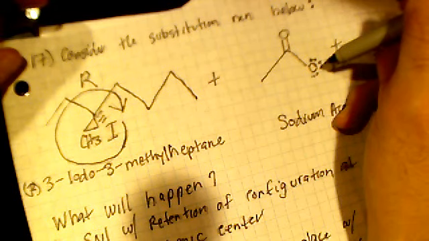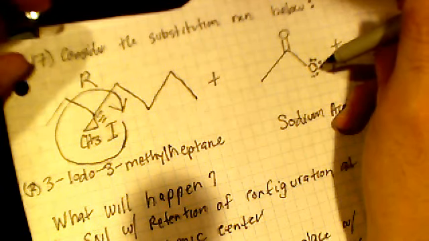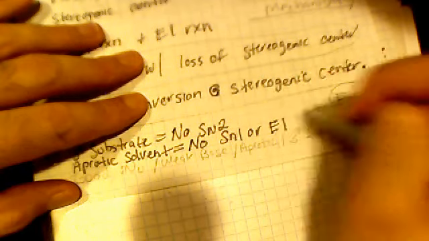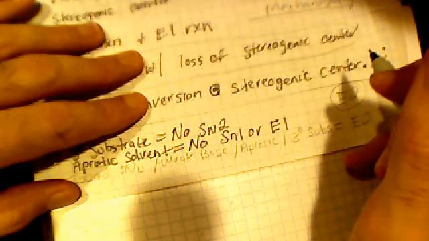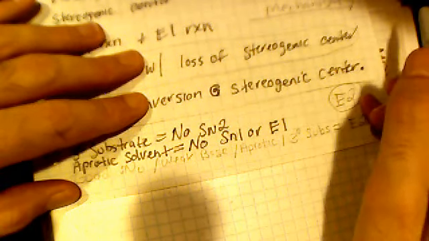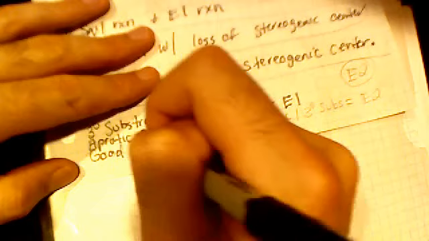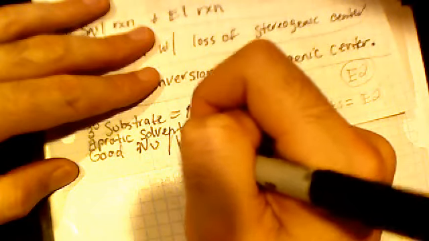But could it... Alright, well, I'll talk about this. It's an aprotic solvent, which you would think is no SN1 or E1 reaction. It has a good nucleophile, the acetate ion.